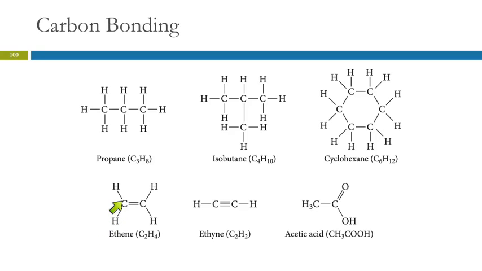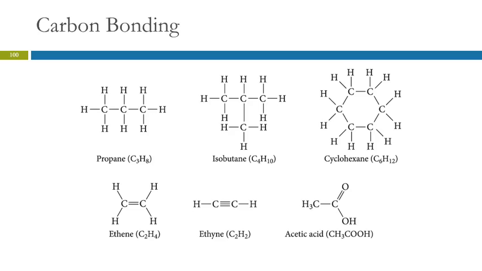Here we've got each carbon with a double bond and 2 single bonds. Here's a triple bond between the 2 carbons. Here's carbon double bonded to oxygen, and it's bonded to oxygen over here, and here it's bonded to another carbon. All of these are organic compounds. This one we have a ring of carbon atoms. We call that a ring structure.